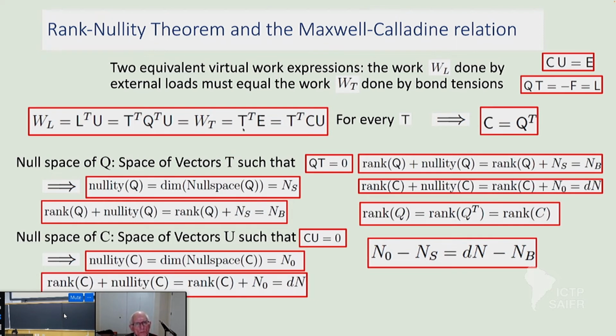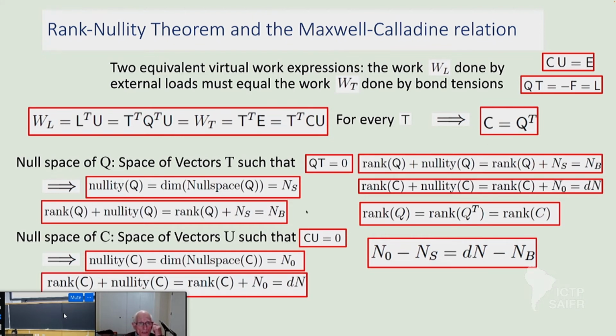So the work of each bond is equal to the tension in the bond times the stretch of the bond. So we know that E is equal to CU. So now we can see that T transpose Q transpose U is equal to T transpose CU for every T, for any T. So that can only be true if C is equal to the transpose of Q.